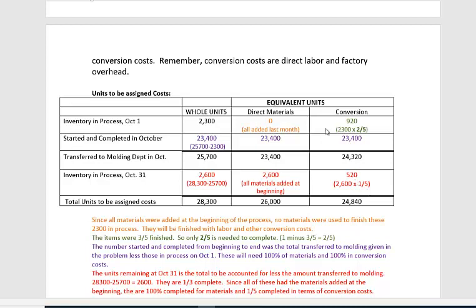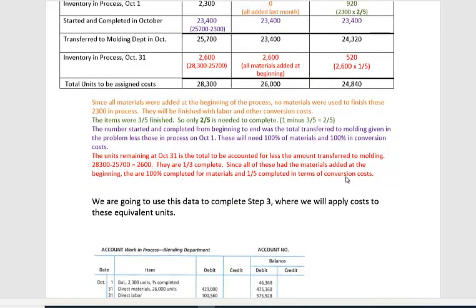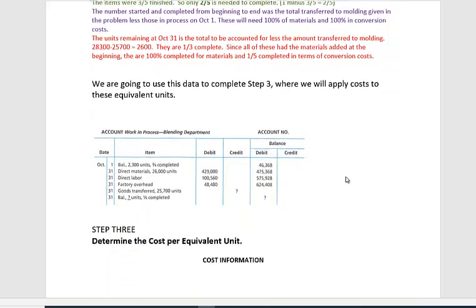So our equivalent units in terms of conversion costs were 520 units. Okay, so the total units to be assigned are 28,300. The direct material equivalent units is 26,000, and the conversion cost equivalent units are 24,840. So we're going to take these now and figure out our cost per unit.